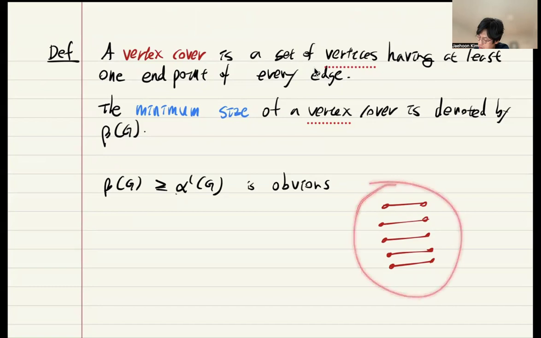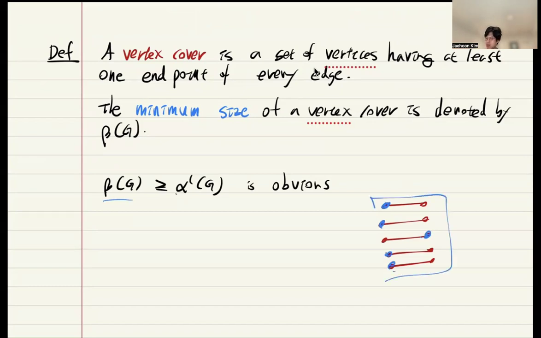Here, you have to choose at least one vertex out of these two to be incident with this edge. And again, at least one out of these two, and then at least one, at least one, at least one. So your vertex cover must have at least 5 vertices here. So in general, at least as many as the number of edges in your maximum matching.